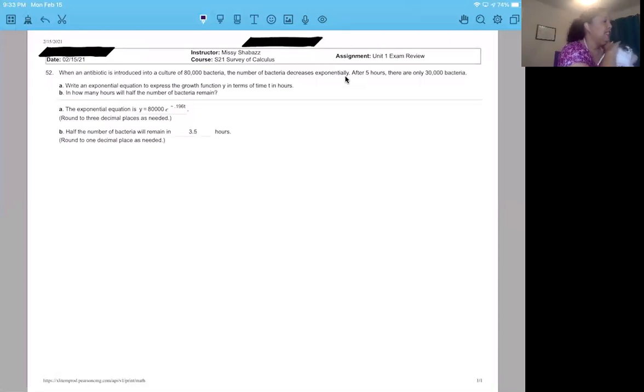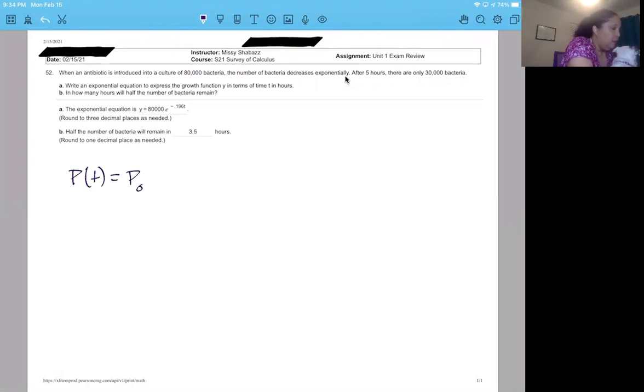When an antibiotic is introduced into a culture of 80,000 bacteria, the number of bacteria decreases exponentially. After 5 hours, there are only 30,000 bacteria. Write an exponential equation to express the growth function y in terms of time t in hours. So it should look like this, right?